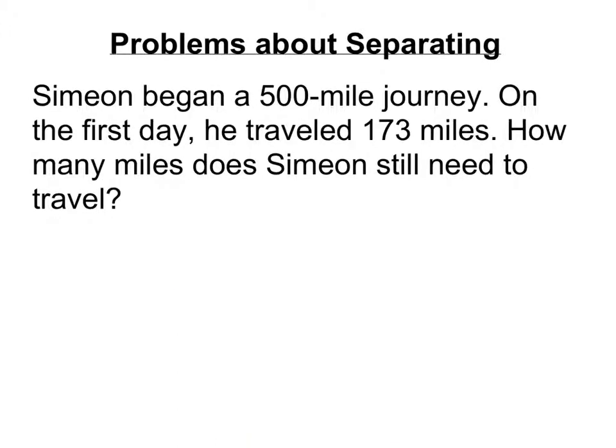Simeon began a 500-mile journey. On the first day, he traveled 173 miles. How many miles does Simeon still need to travel? In this problem, we have an amount that we're starting with, so something to start with. There's another amount that's being taken away or being taken care of, and we're left with the remaining amount.